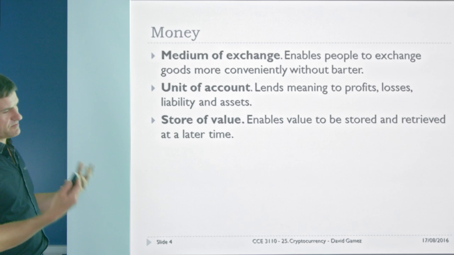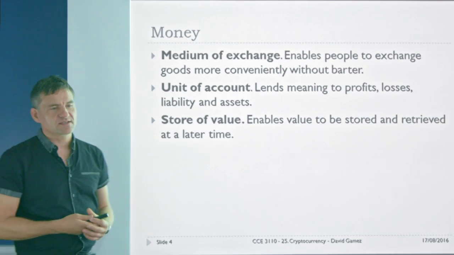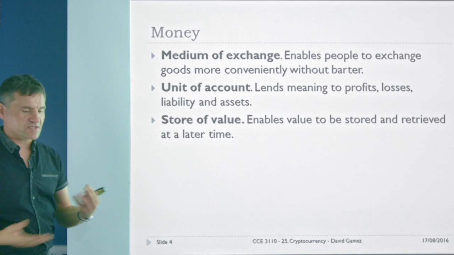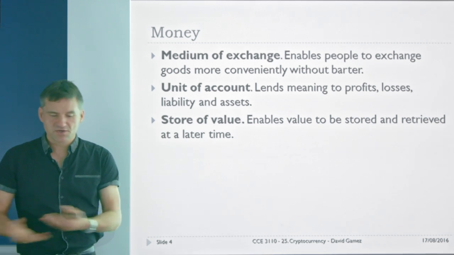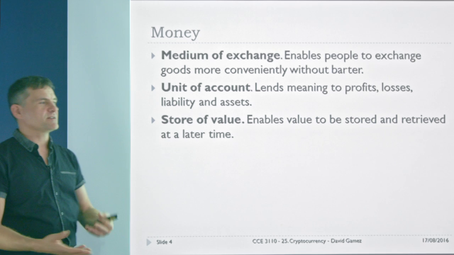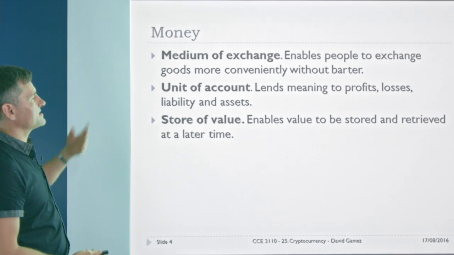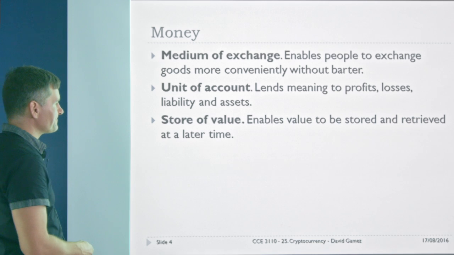We can track how much we're gaining and losing in our business. The man who exchanges his shoes for half of my sheep, and then exchanges that sheep for something else, doesn't have any real way of tracking how well he's doing, what his assets are, what his liabilities are, and so on.